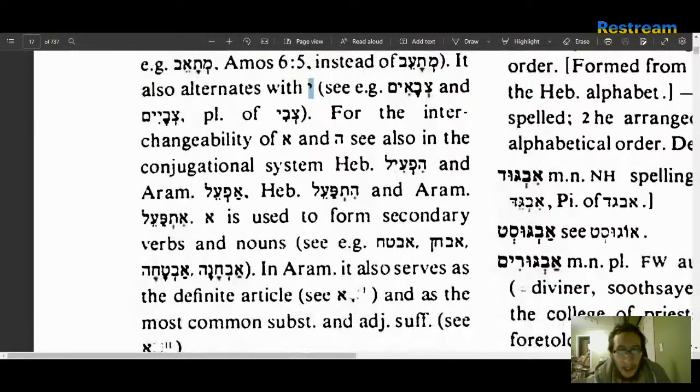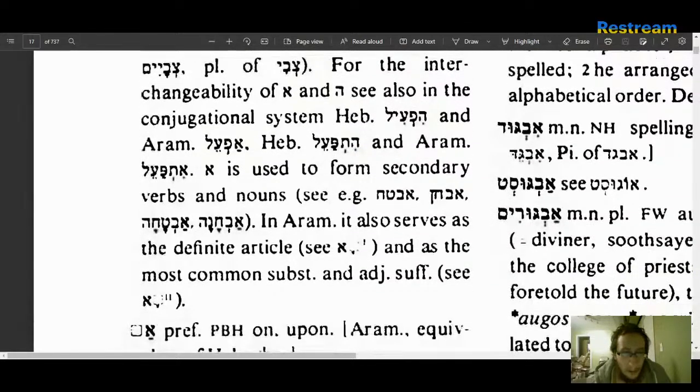We see that He and Aleph are interchanged between Hebrew and Aramaic. So the Hebrew starts with a He, but the Aramaic is the same thing, starts with the Aleph. The Hebrew He Tav prefix, in Aramaic it's Aleph Tav prefix.